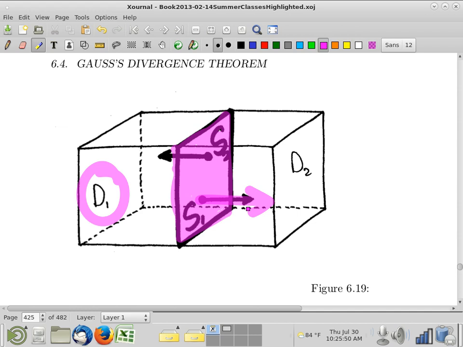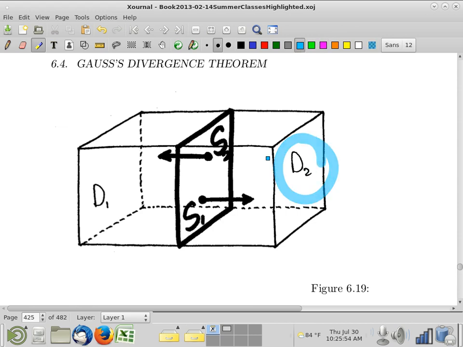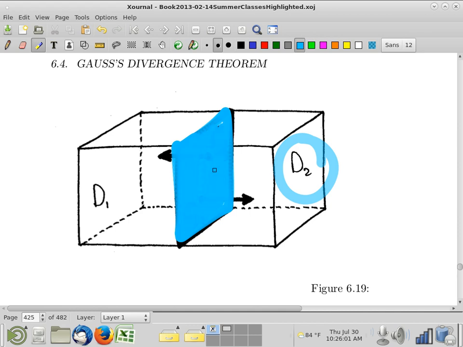On the other hand, thought of as part of the boundary of this block over here, that face is oriented that way. Again, the rule is faces thought of as pieces of boundaries of a solid point away from the solid. All right, so that face then appears twice.